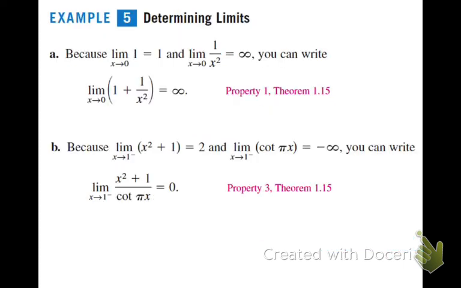Okay. The limit of 1 as x approaches 0 was 1, correct? That's a rule we had. And the limit as x approaches 0 of 1 over x squared is infinity, because this would shoot this way, yes?